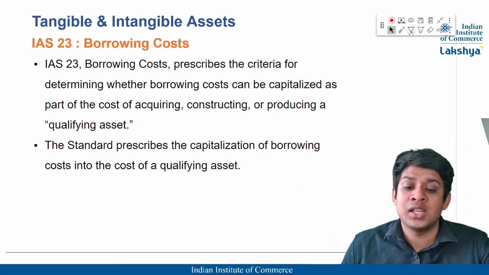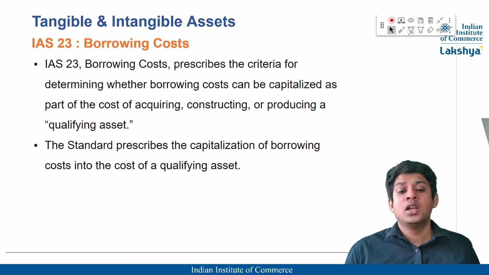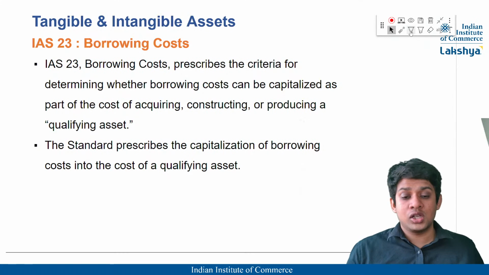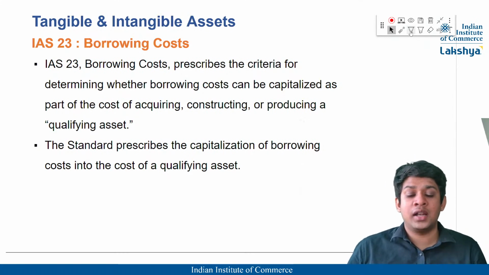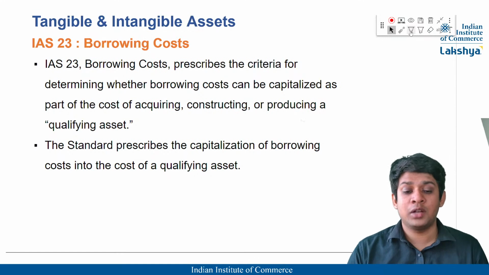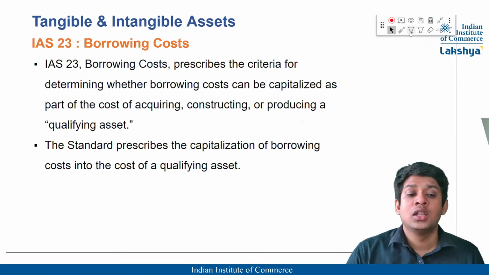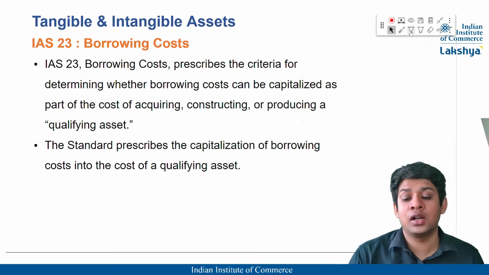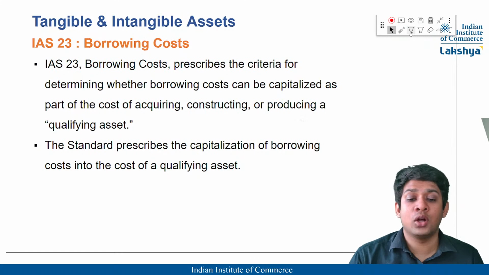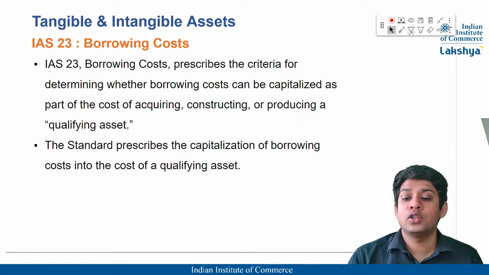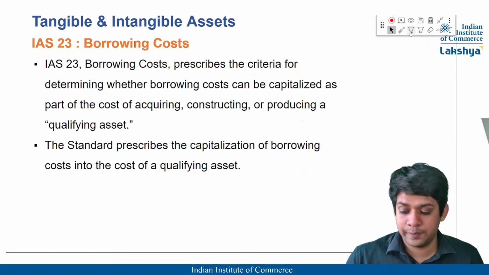We have understood various concepts wherein there is a revaluation surplus, there is a revaluation loss, the two models, that is the cost model and revaluation model, the initial measurement, what is to be capitalized, what is not to be capitalized, and also eventually we understood that if an asset is disposed of, we can make a transfer from the revaluation surplus to the retained earnings for the previously revalued asset. And lastly, we also understood the calculation of excess depreciation if it is an entity's policy to do so. Okay. Now we are going to jump to IAS 23 borrowing costs.